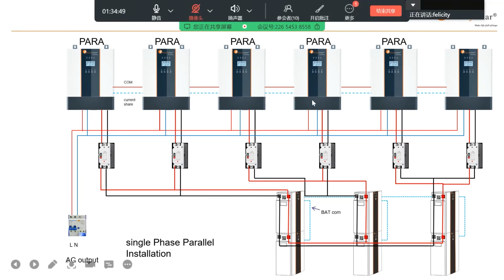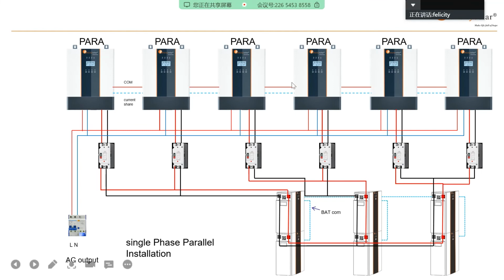This is a software setting. After all these settings, you can turn on the battery switches one by one, then turn on the inverters. Then the last step, if the output has no issue, turn on the PV input and the AC input, then the parallel system is done.